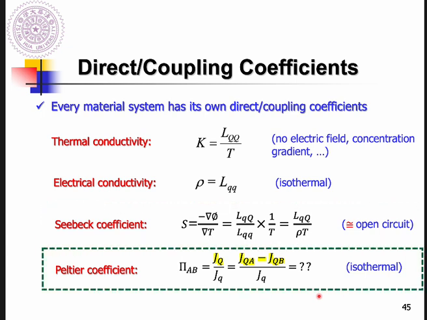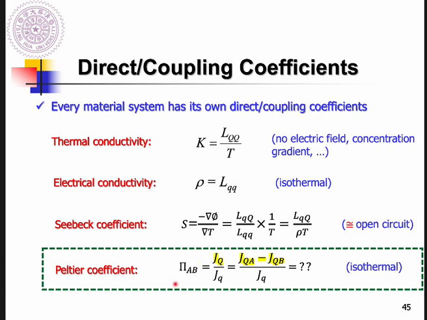Next will be the Peltier coefficient, or Peltier effect. We use the Peltier coefficient to describe these materials: when you apply 1 unit of current density, how much heat is absorbed or released to the environment.